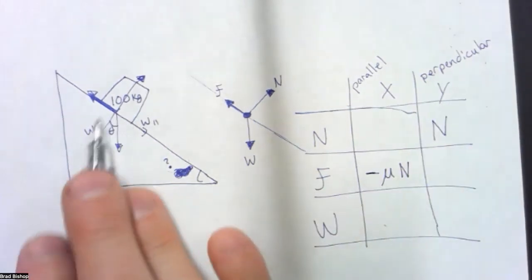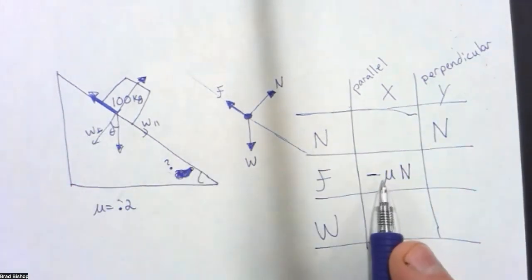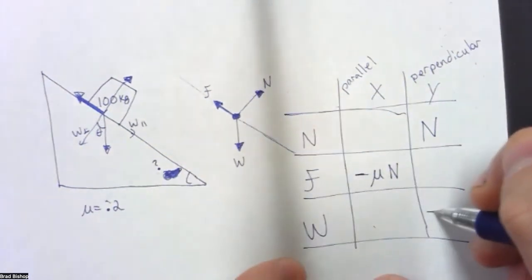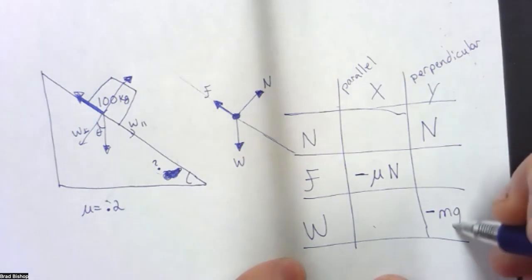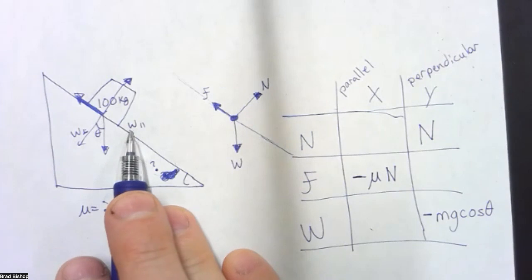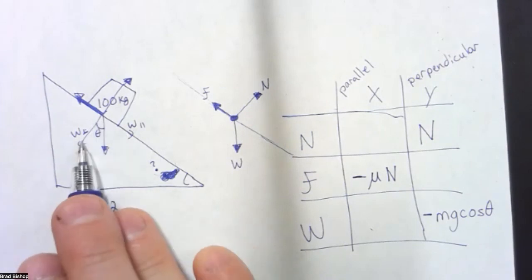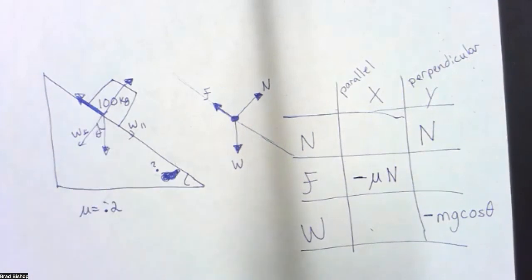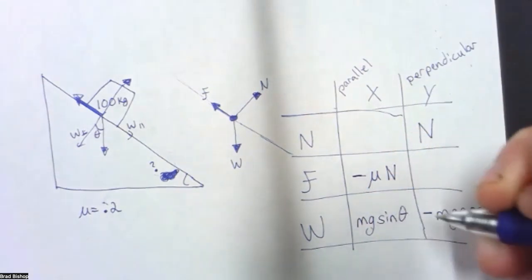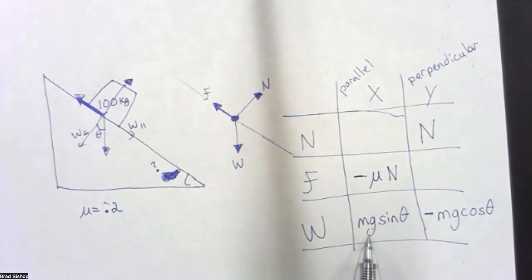So if we wanted to find weight perpendicular first, weight perpendicular is the adjacent side. So that is going to be mg cosine, or it's down, so I'll call it negative mg cosine theta. And then weight parallel is pulling it down the inclined plane. So that is the opposite side. And we call this the positive direction. So we'll call it mg sine theta. Definitely want to make sure we remember how to calculate out these into our components.